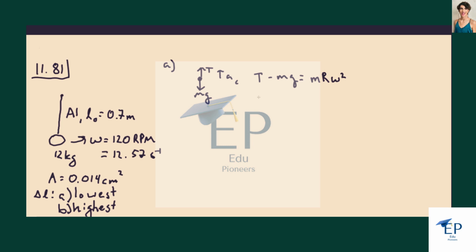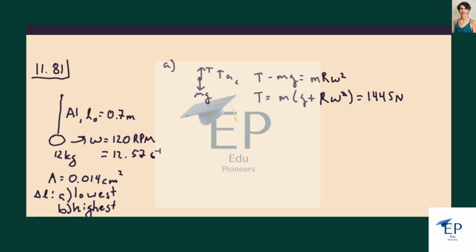So the tension is going to be m times g plus r omega squared, and this is 1,445 newtons.